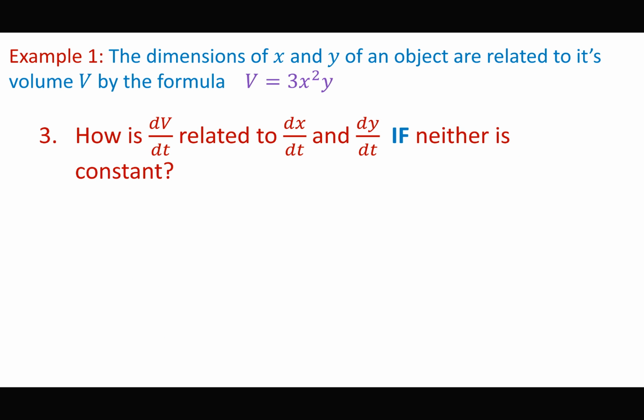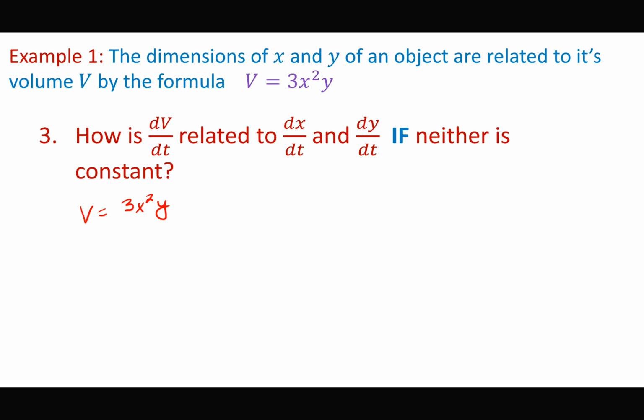All right, same setup now, but I say, how is dV/dt related to dx/dt and dy/dt if neither is constant? So I have V is 3x squared y.